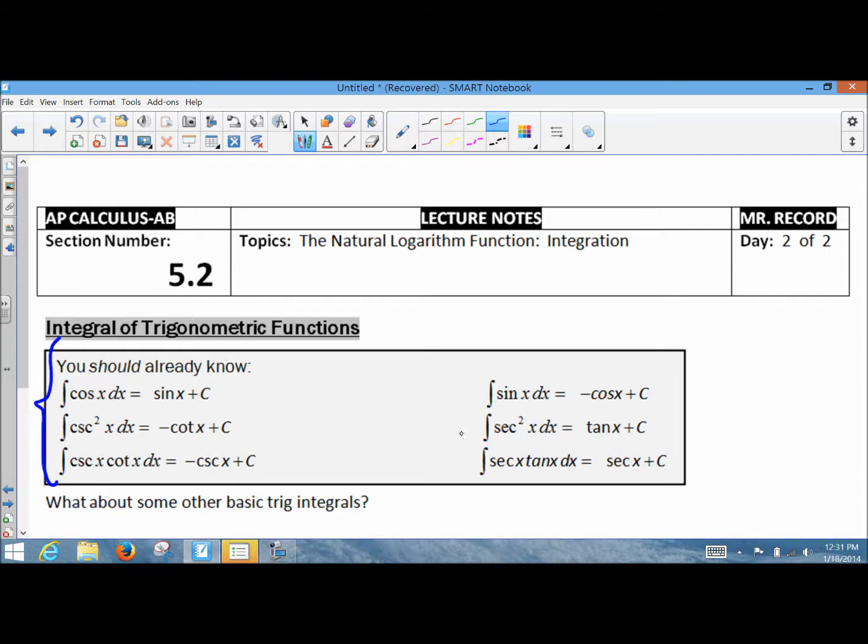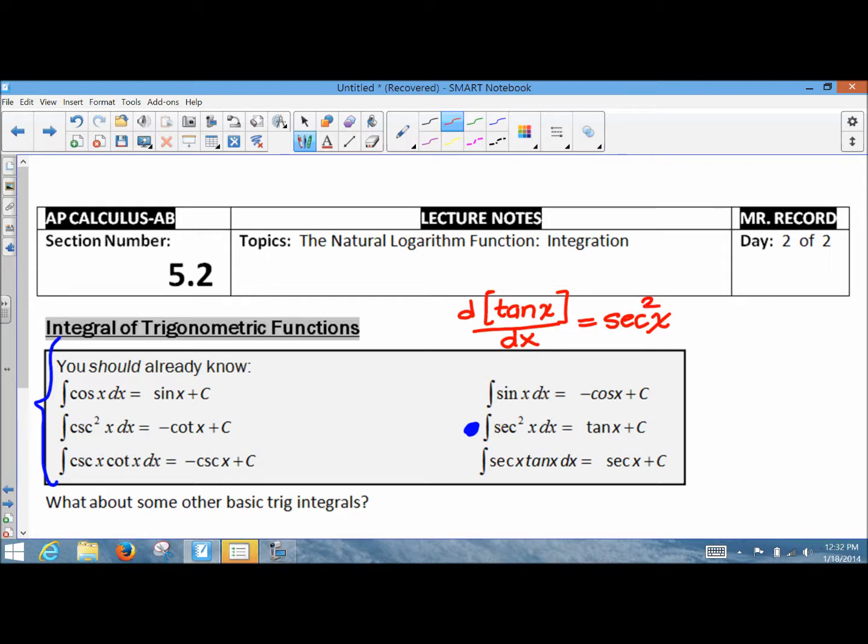For instance, if we were to look at this one right here, the antiderivative of secant squared of x with respect to x, that answer is indeed tangent of x plus c. But if you think about it in reverse, you've already learned from your differential calculus that the derivative of tangent of x is equal to secant squared of x.